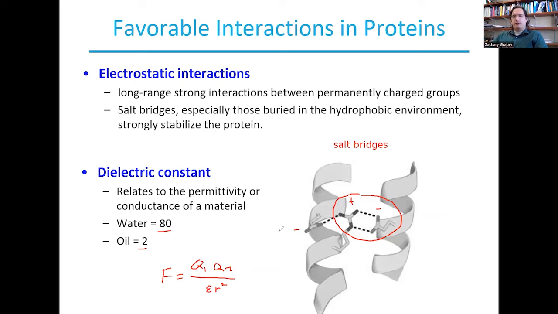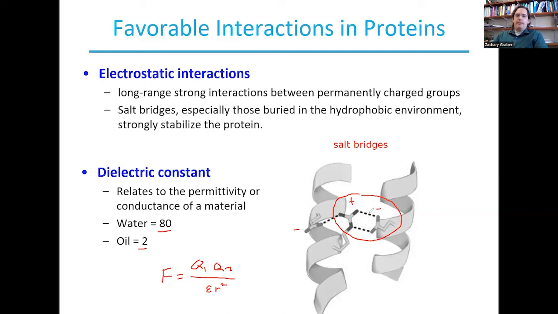Again, there are just more possibilities for other interactions, or we could say that there's more shielding of our two charges. They're too distracted by the other charges within that water-based environment. So just lowering this dielectric constant in the center of our hydrophobic environment in our protein will actually increase the strength of these interactions, as long as we can still maintain that interaction of the positive and negative charge.